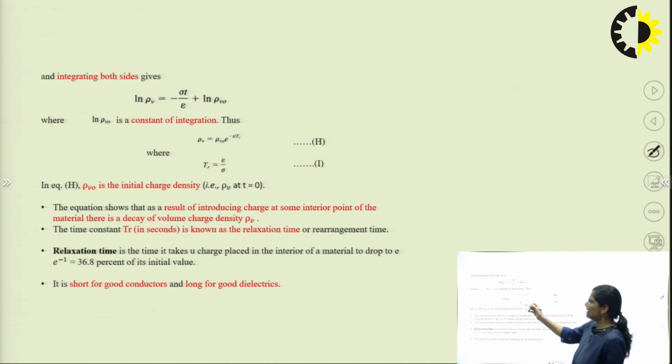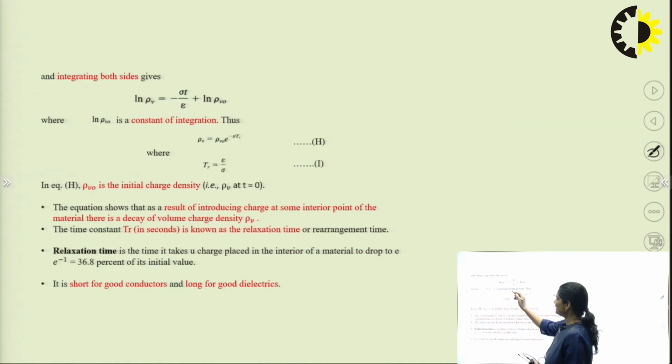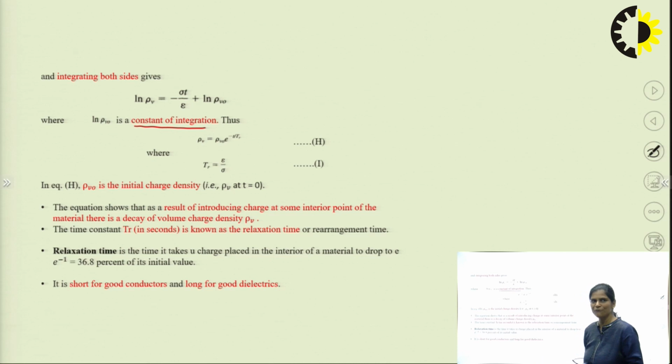Now when you integrate both sides, you will get ln rho_v is equal to minus sigma t upon epsilon plus ln rho_v0, where ln rho_v0 is the constant of integration.